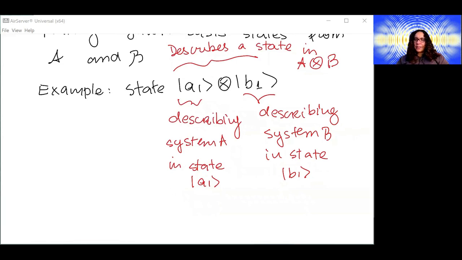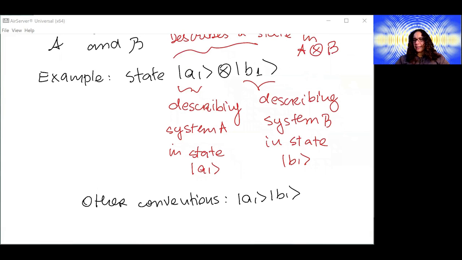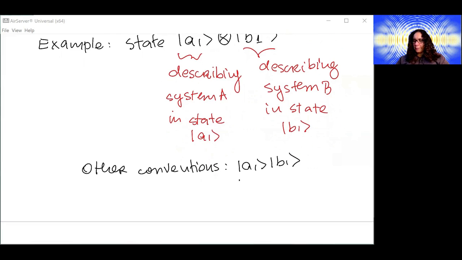Now, it's important to bear in mind that there are other conventions. For instance, sometimes you see in the literature that the tensor product is omitted, so you can write it like this. Note that here we emphasize the tensor product, but here it was omitted, or you can specify the same by putting a comma.